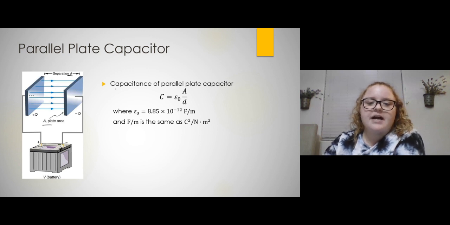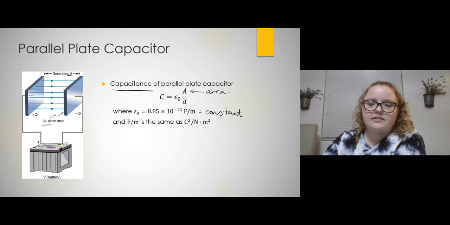Okay, so the capacitance of a parallel plate capacitor is equal to epsilon naught, which is a constant, times the area of the plate, divided by that separation distance.